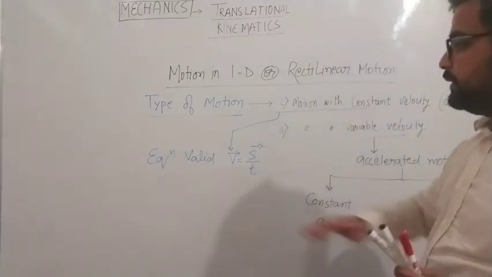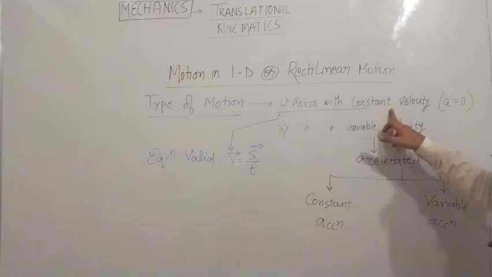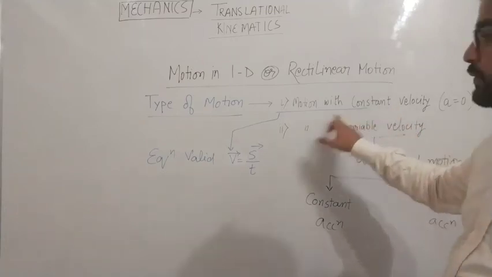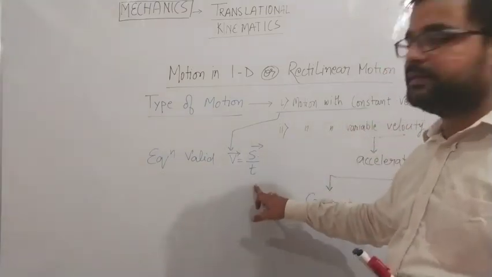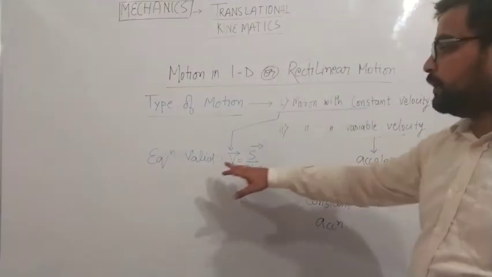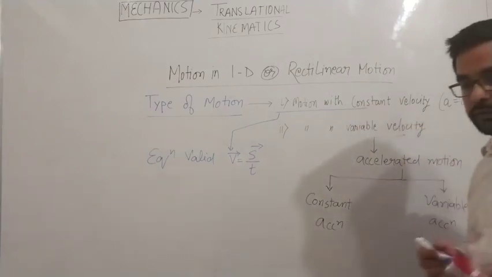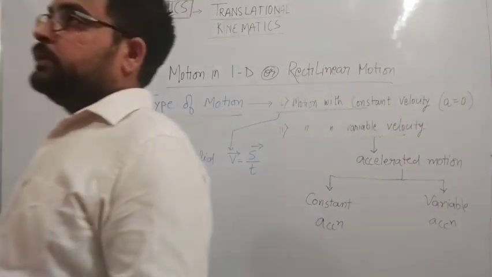This equation is valid for these kinds of motion when you find that velocity is constant. So accordingly, speed is equal to distance upon time. These two equations will govern the motion with constant velocity, right?